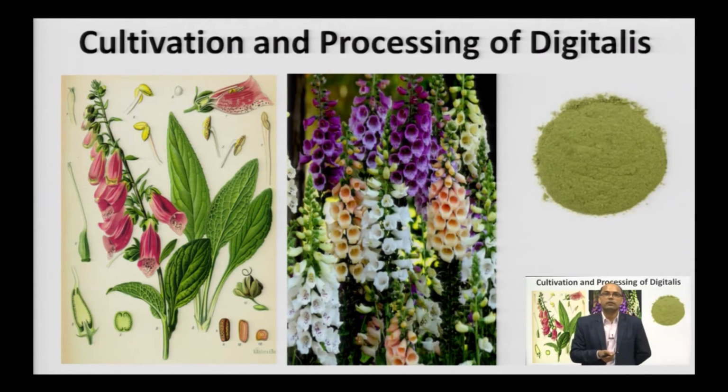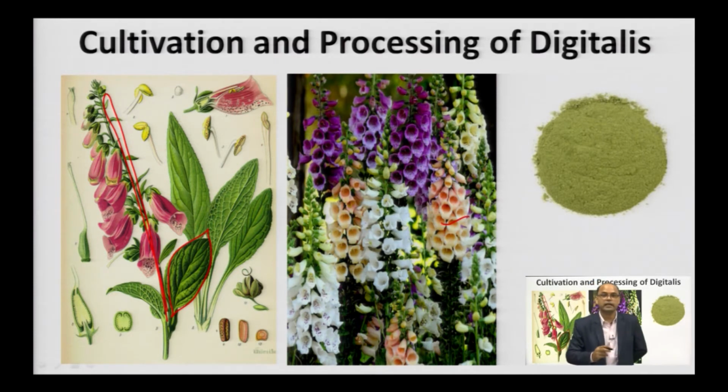If you look at the cultivation and processing of Digitalis, this is the complete botanical appearance of your foxglove plant. These are the foxglove leaves from which you can obtain digoxin. These are the terminal flowers of the Digitalis plant, with beautiful multicolored flowers.